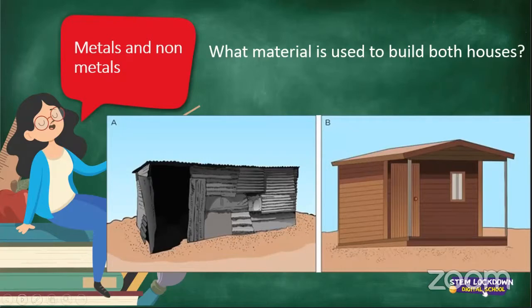Unique means it's different in its own way. We use the properties of materials to describe what it is like. For example, you did properties of solids, liquids, and gases before. They have different properties. Even metals and non-metals have different properties.